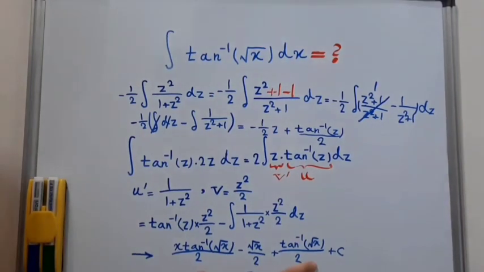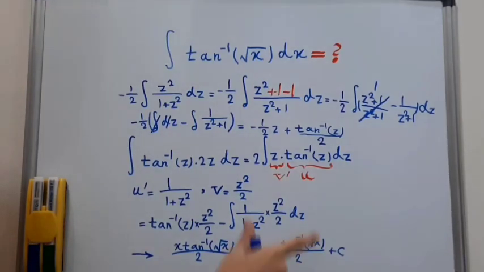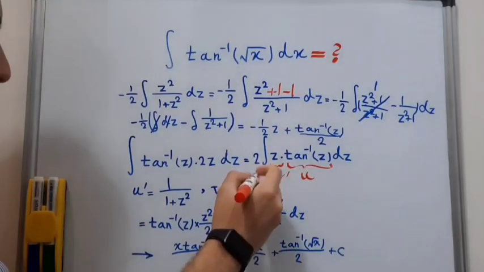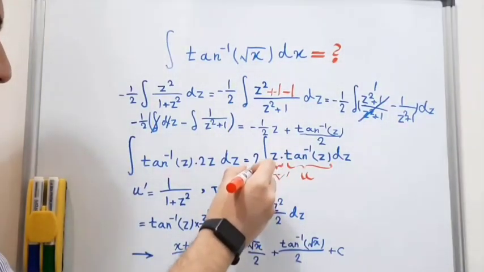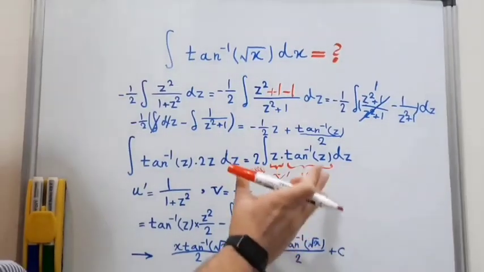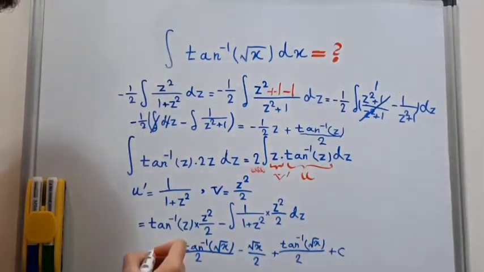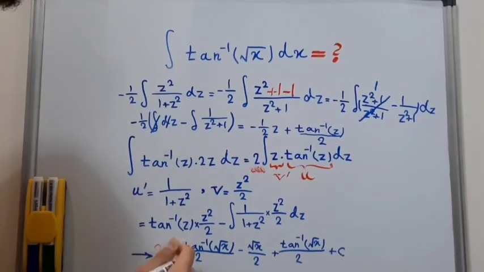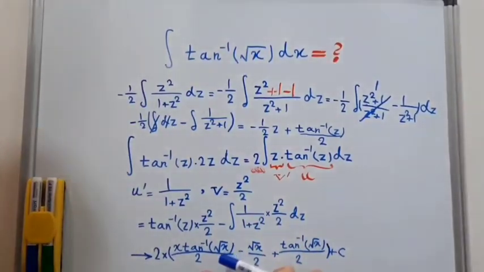So this guy here, actually you can see this expression is the integral of this guy, tangent inverse of root 2 of x. And we shouldn't forget this 2 that is here, and this 2 is for the whole integral, so we should just multiply these 2 by the whole of this guy.